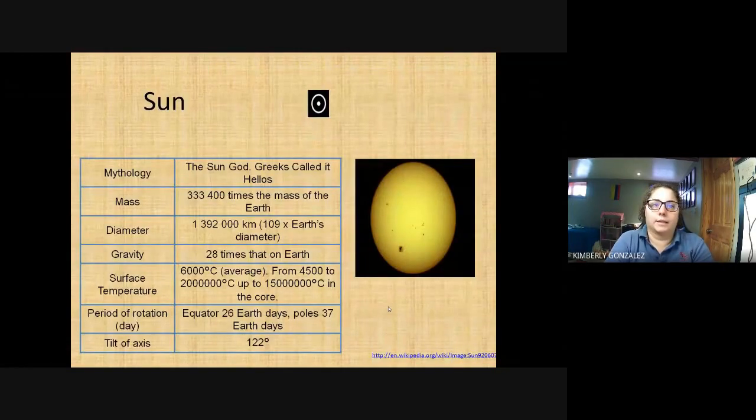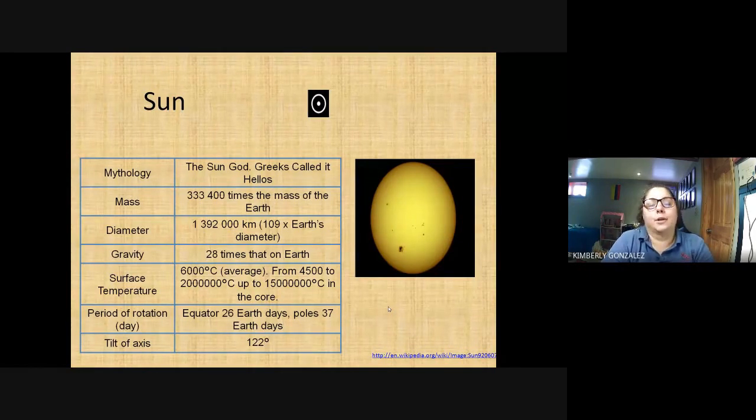So when we are looking at this, remember we talked about the heliocentric model, right? In the beginning, the sun god, the Greeks called him Helios, okay? That's why we get the heliocentric model. It's the sun-centered model, right? The mass is 333,400 times the mass of the Earth.